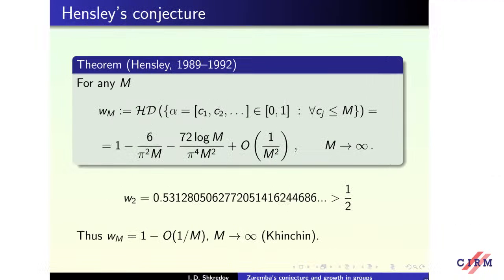Okay, so what was the motivation? Why do we believe in this conjecture? This very strange conjecture can be explained in a more general context of Fuchsian groups, but it is Hensley who gives us a heuristic and explanation.